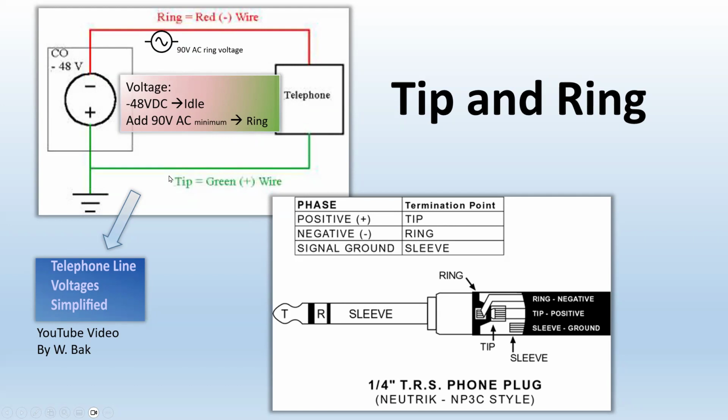And one important thing to grasp is that the tip is more positive than the ring is. However, the tip sits at the ground level, right? You just have to grasp that concept.